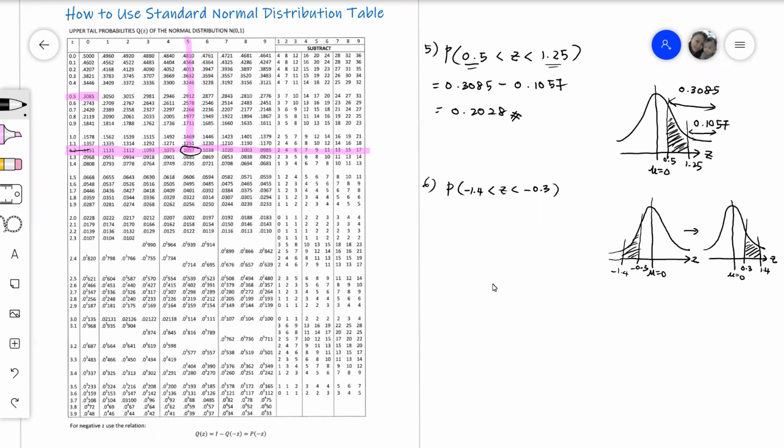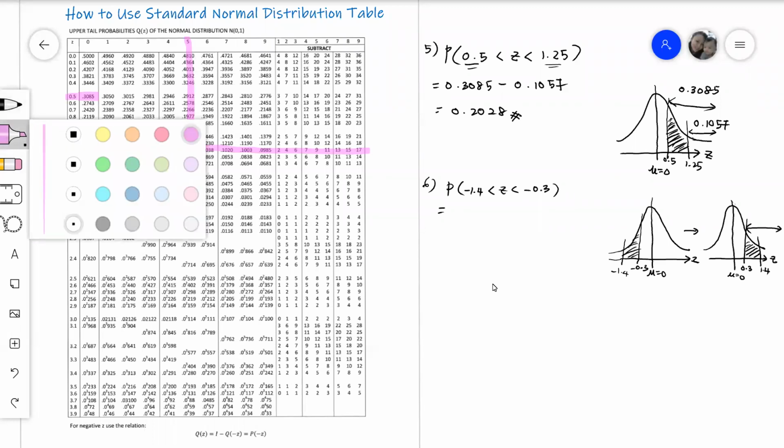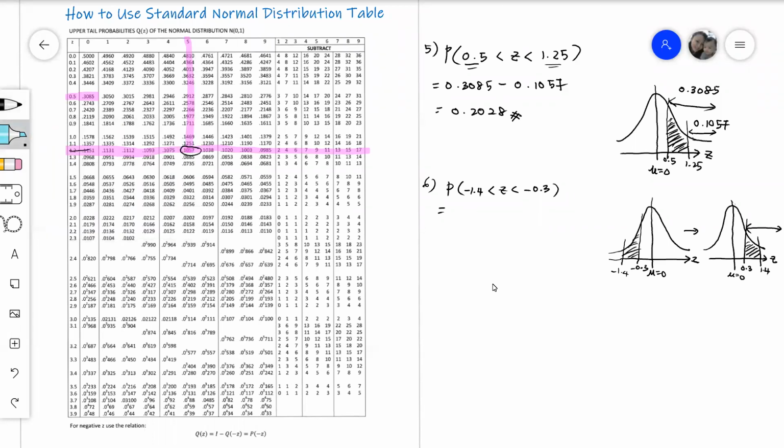Isn't this very similar to our example number 5? So let's find the area on the upper tail of 0.3. Here it is, 0.3821.